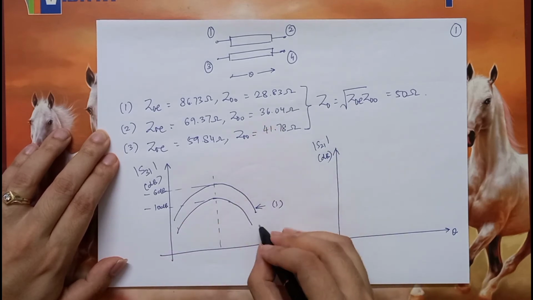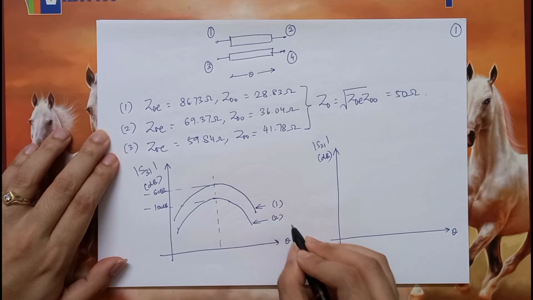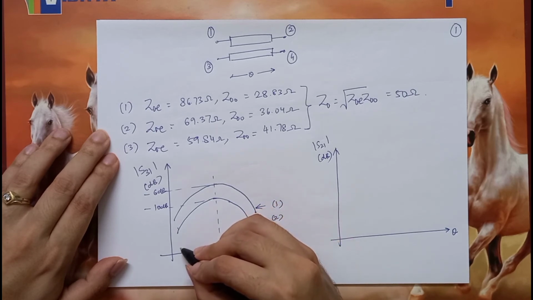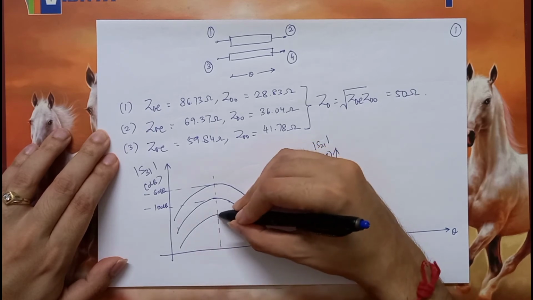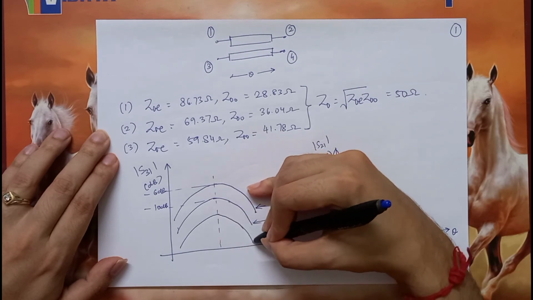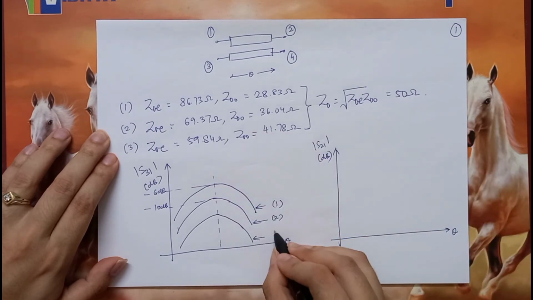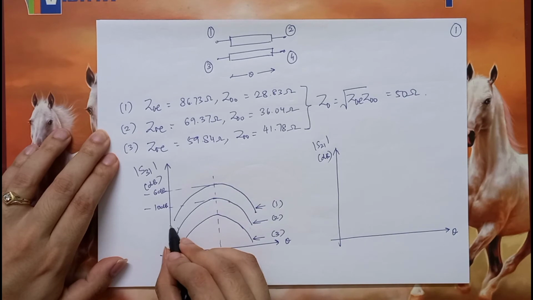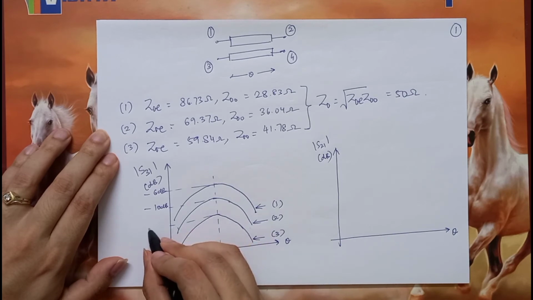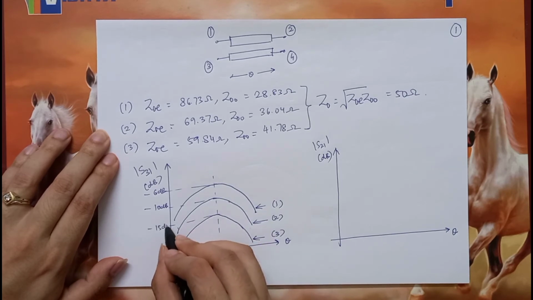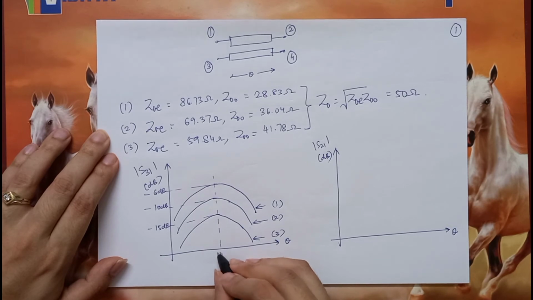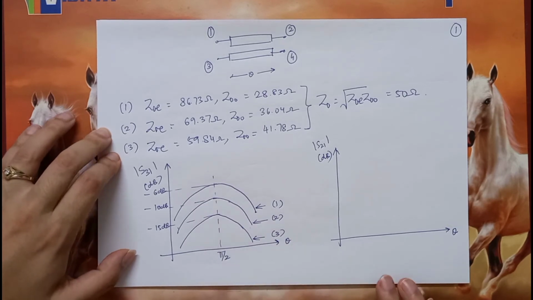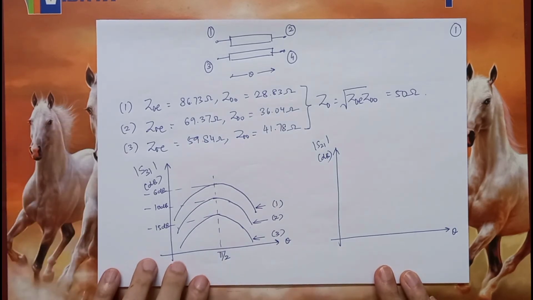And the third case is something like this, where the peak is around minus 15 dB, and the peak is achieved at theta equals pi by 2.